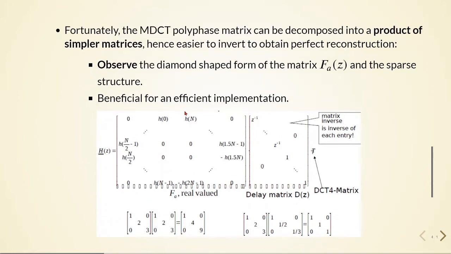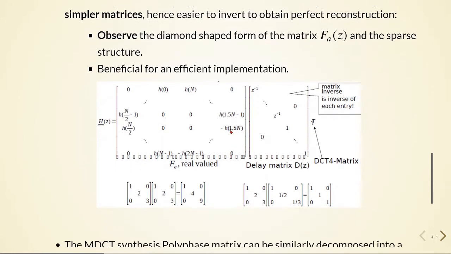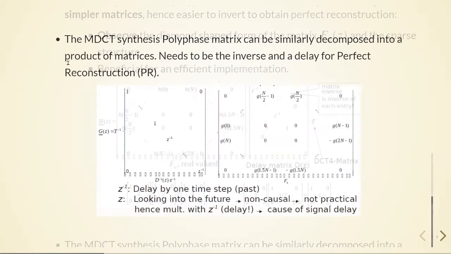So we're decomposing the polyphase matrix into this FA matrix, a delay matrix, and a DCT4 matrix. The inverse of the delay matrix is the inverse of each entry.